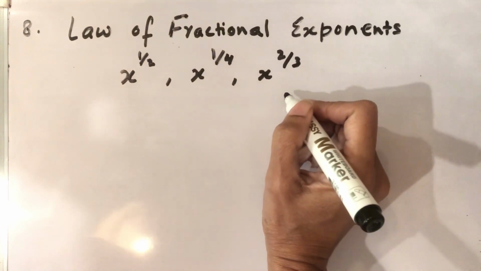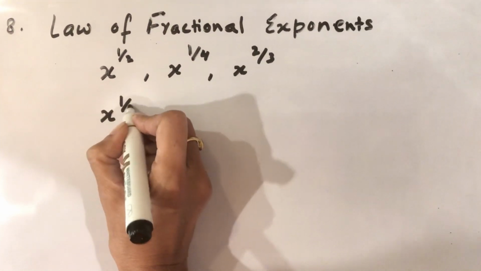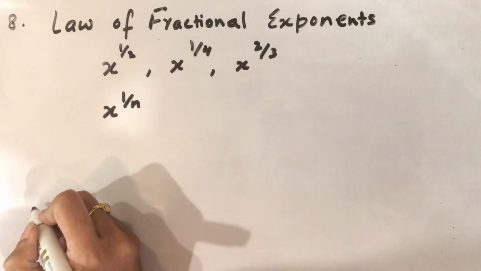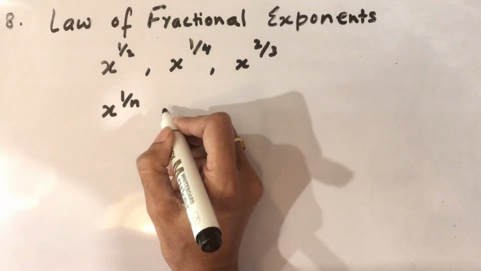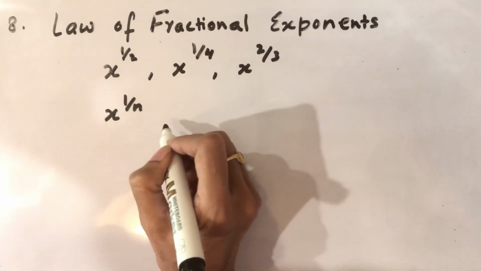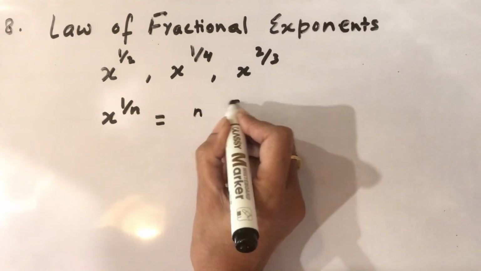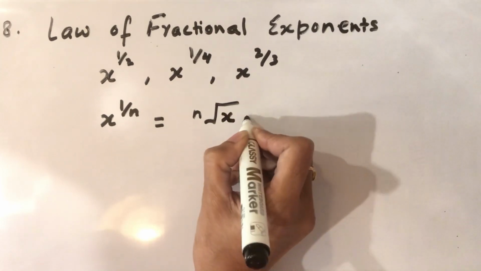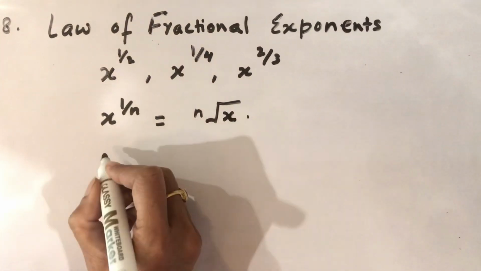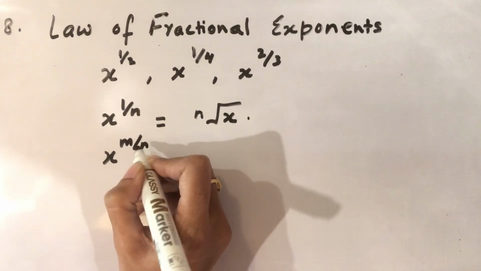So for example, we have x power 1 over n. A fractional exponent like 1 over n means to take the nth root. We can write it as nth root of x. Or for example, x with power m upon n.